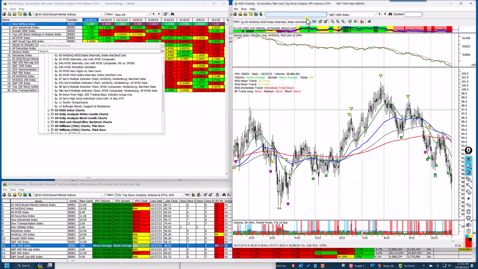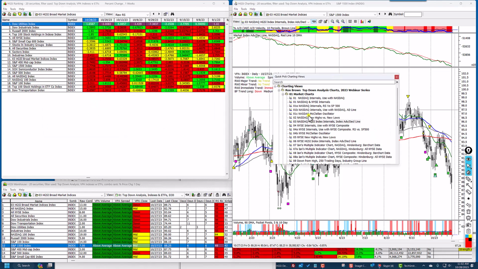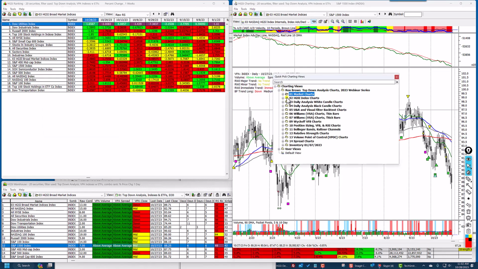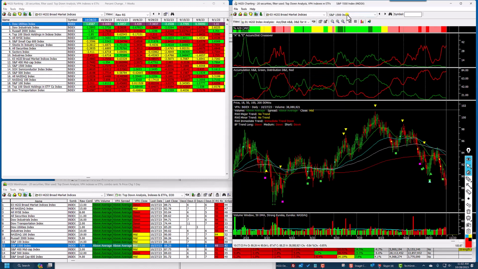Now I'm going to go over here to the charts, click on this, and I'm going to get out of these charts, and I'm going to go into the HGSI index charts using the S&P 1500 and take the crosshair off for now. You can see that the A distribution started to come down a little bit, and then it turned back up. We're on D distribution up here.